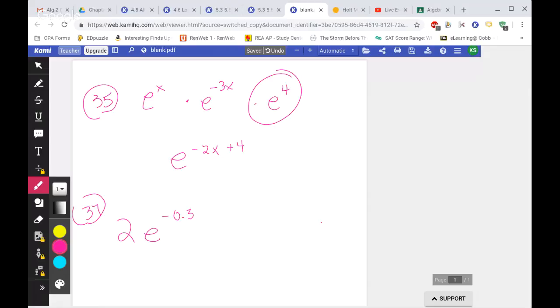It should type in e, and then it should have a little box for you to put in your exponent. You're going to hit your negative sign that's down at the bottom next to your enter key, negative 0.3. And it's 1.48? Yes, it's 1.48.